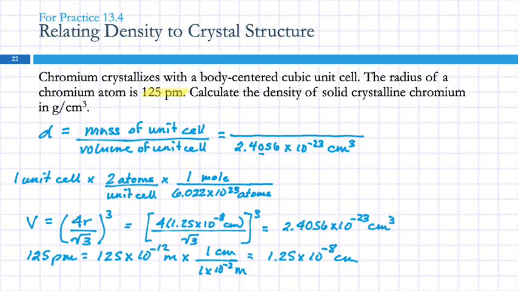So body-centered cubic. So we were canceling, we had 1 unit cell, there's 2 atoms in a unit cell, there's this many moles in there, and then we want to get to grams. So chromium, periodic table says 51.9961.